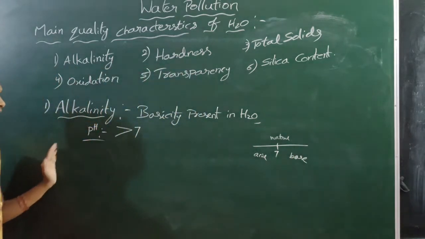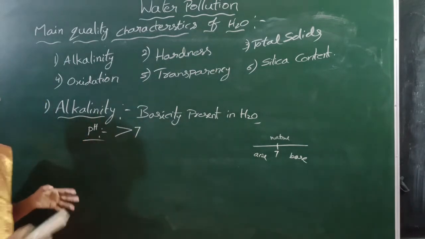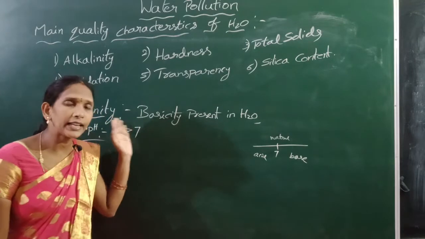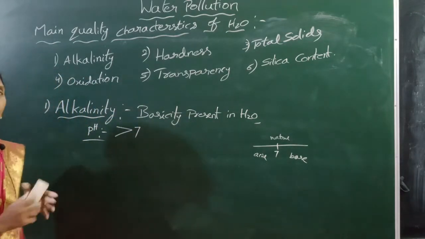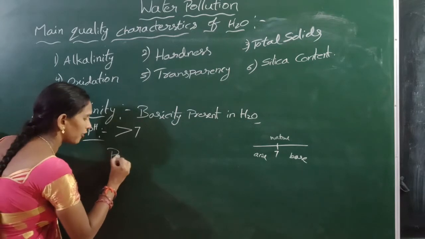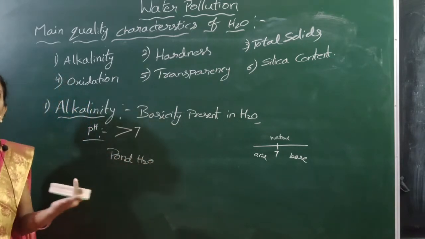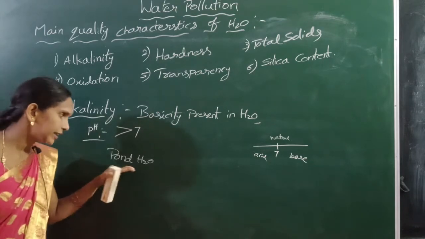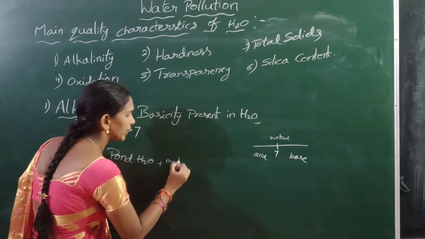Next, in the lab we already found out the alkalinity of water. In a conical flask we take pond water. In this conical flask we add methyl orange indicator.